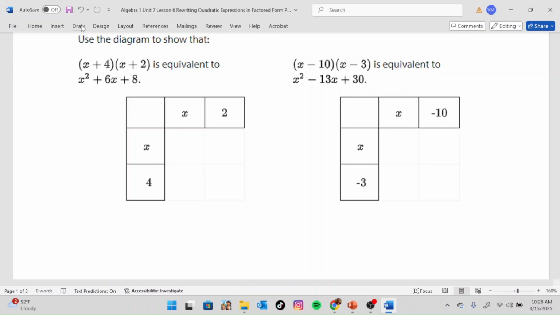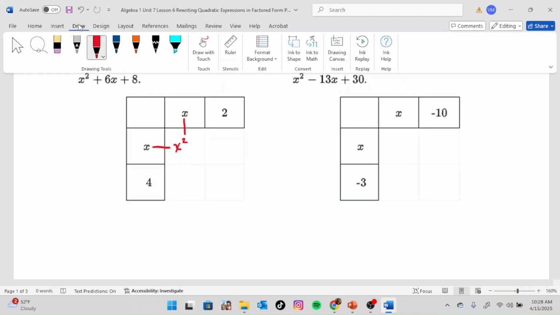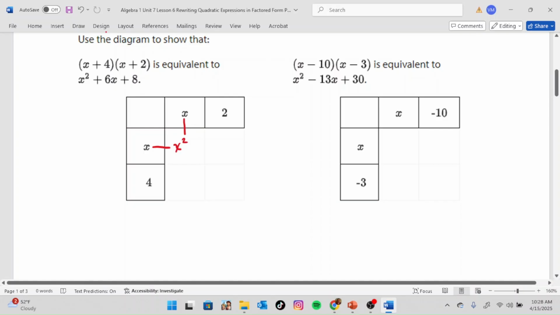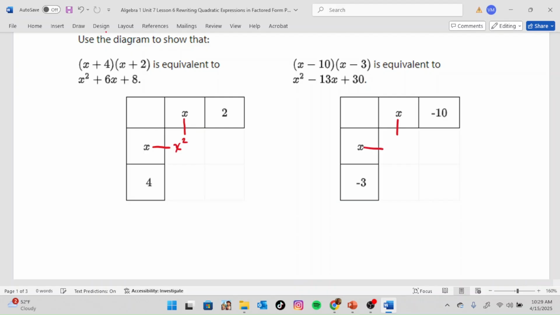So all we're really doing here is that we're going to multiply what is at the top of each column with what's on the left side of each row, and we're going to write their answers where they combine. So we have this x times this x, so we're going to get x squared. And over here on the right, we also have an x times an x, so we have an x squared.